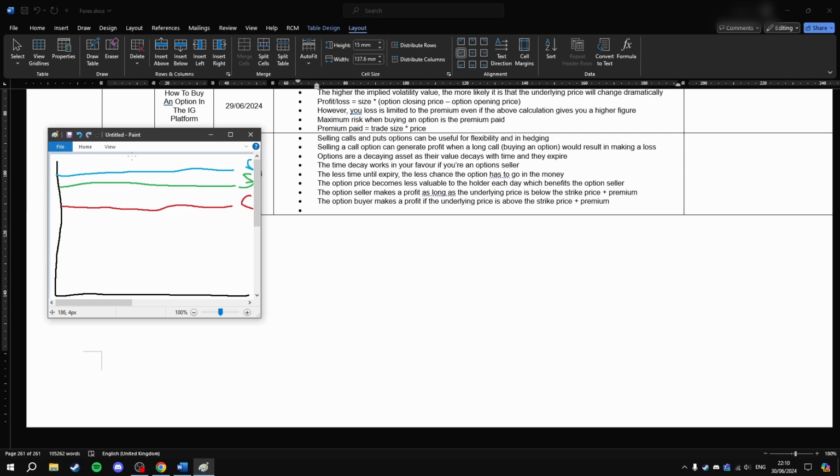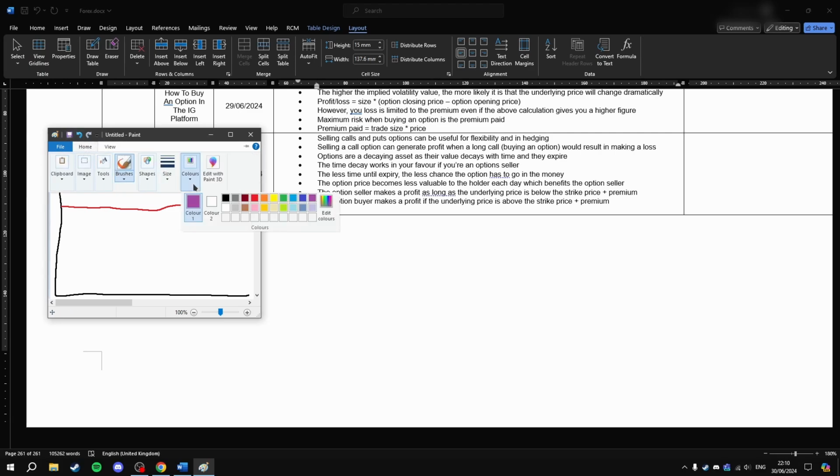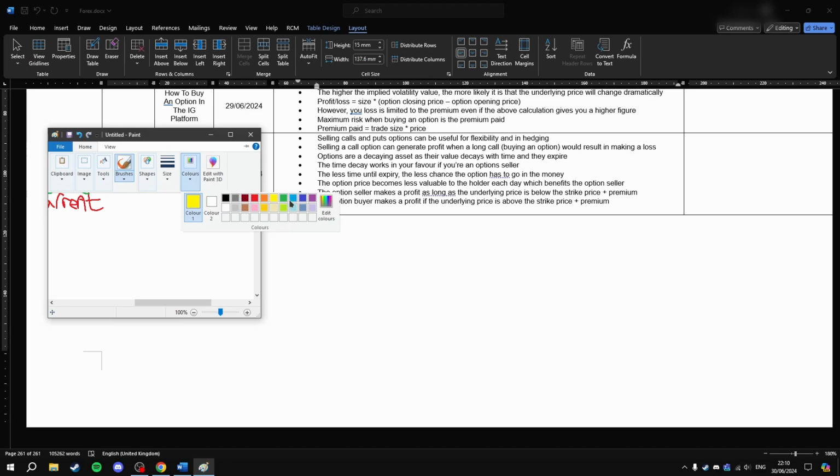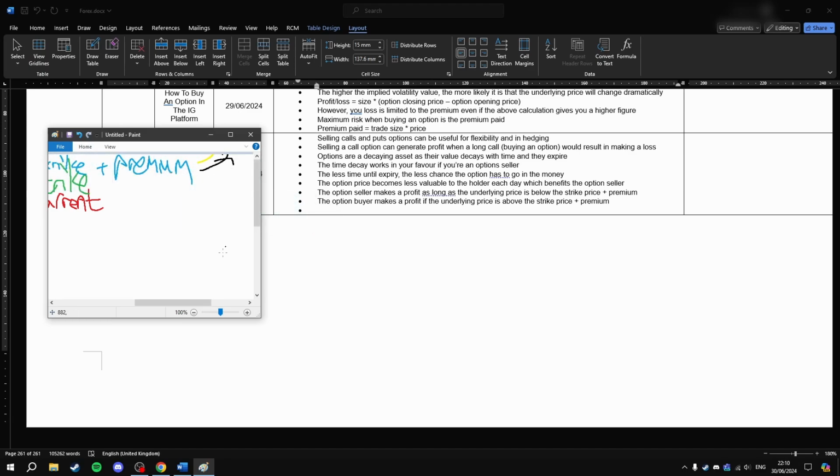Yeah, so this is their profit, so anything above. Whoa, can't even see that. Let's go black. Anything above this one is the option buyer's profit margin, profit bit.